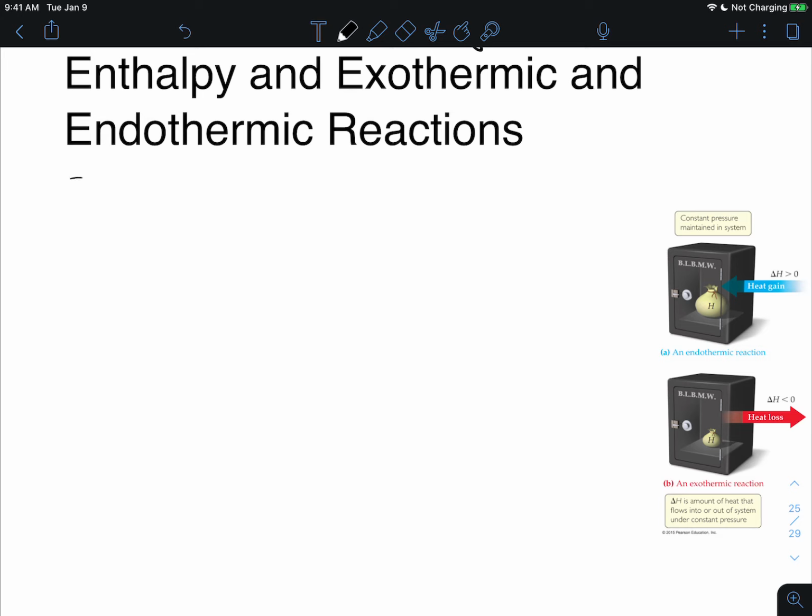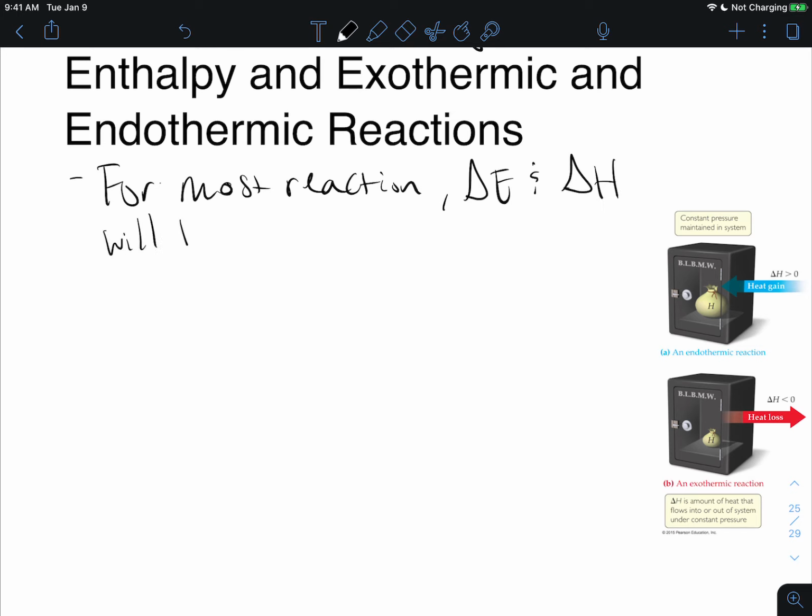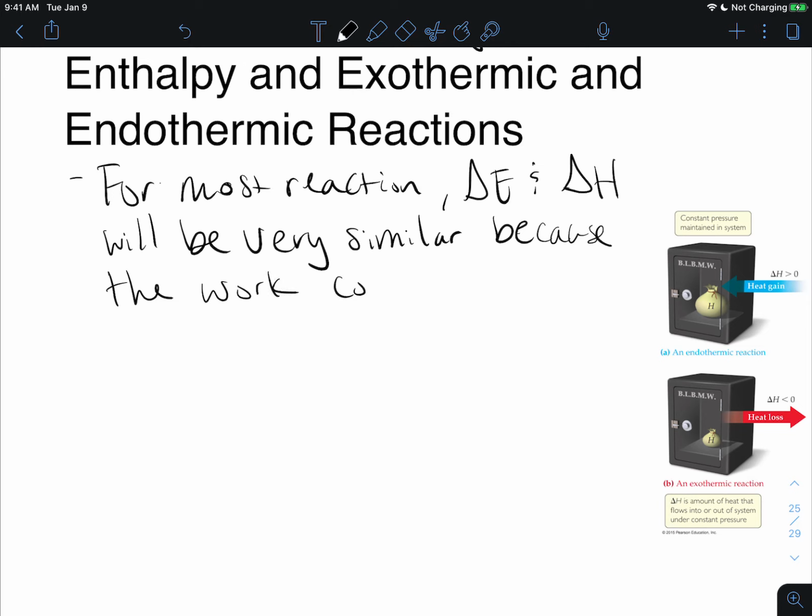Real quick, as a note, for most reactions, our delta E and our delta H are going to be basically the same as long as there's not a lot of pressure volume work, and our work component itself is very small.